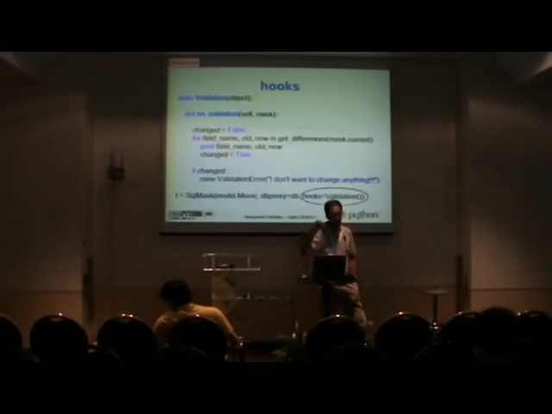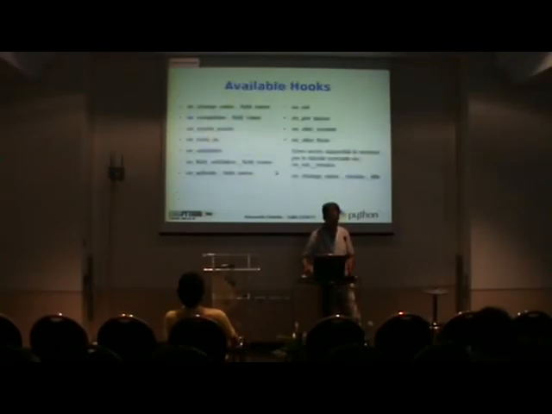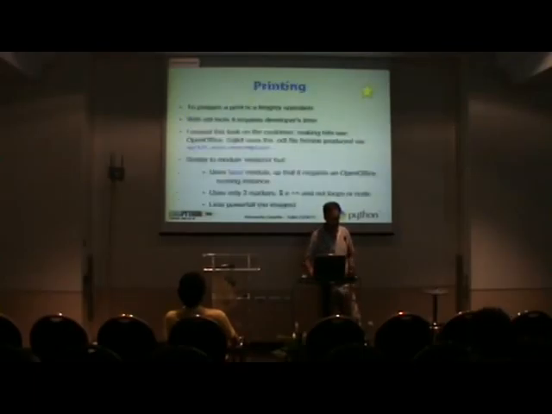A simple object, you create one method that has a specific name that is tested. If it is present, it will be run. And for example, you can say validation change false for these fields. If there is some difference, raise a validation error. I don't want you to change anything, and you won't change anything. There are a lot of hooks here, as a list.